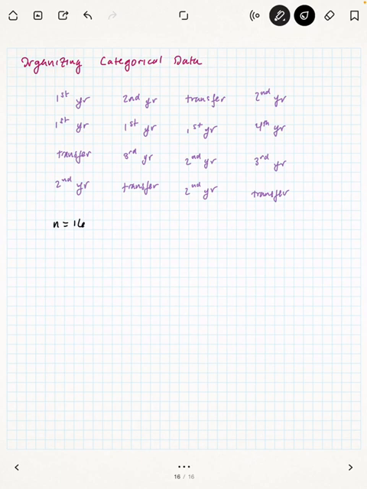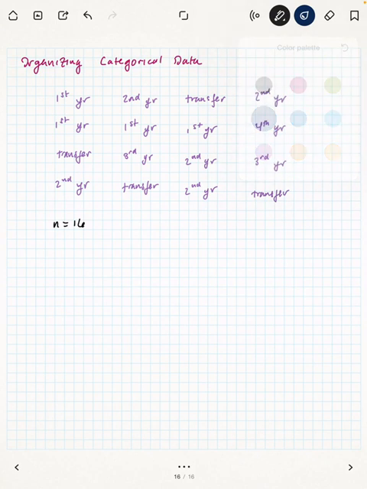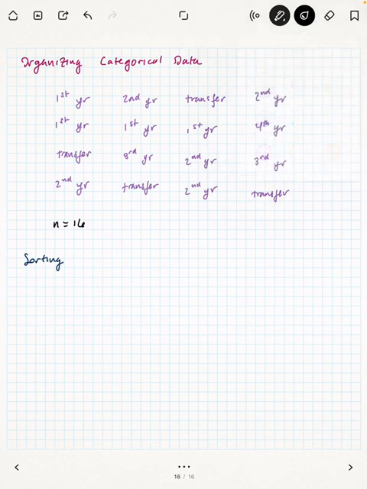But you'll notice that if we want to sort them, sorting in this case meaning, so to sort data is to organize them by some organizing principle. So you could say, okay, put the first years together first, then the second years. So we'll decide that, or it might be given to us. So first year, second year, these are the unique kinds of labels that we can have, right?